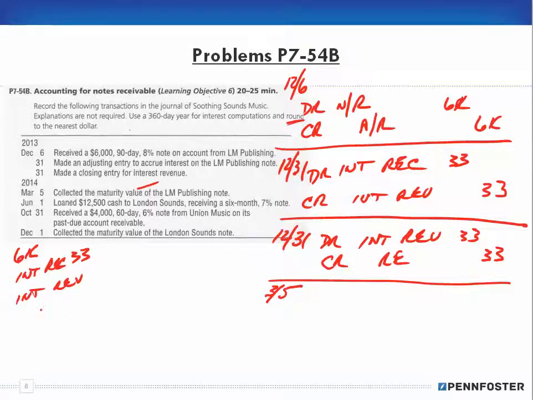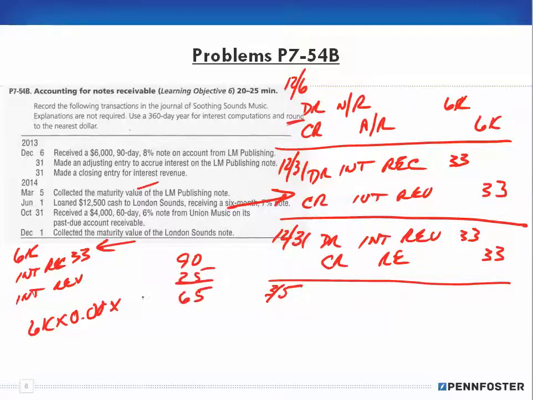So to calculate the remaining interest revenue, we have 6,000 times 0.08 times, if it's 90 days, and to calculate this interest revenue, which we did right here, that was 25 days, so 25 from 90 is 65, right?